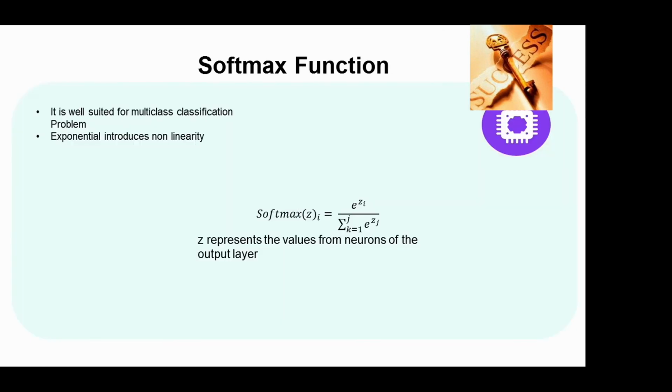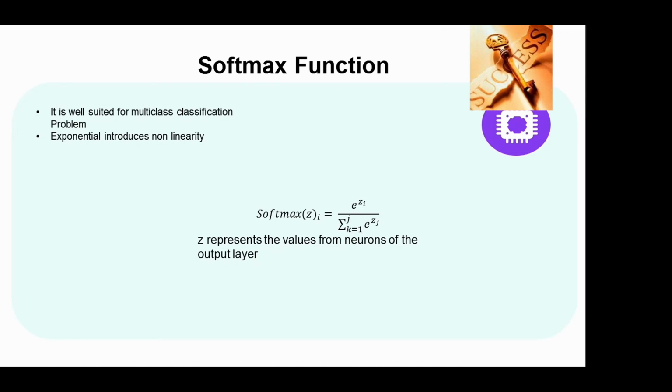Then the softmax function. The softmax function is applied in the last layer or output layer, and it is used for multi-class classification problems. So you can see the formula of softmax. The formula of sigmoid was 1 upon 1 plus e to the power minus z.